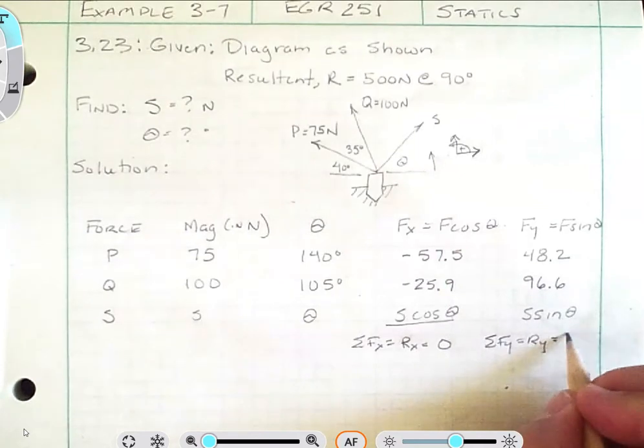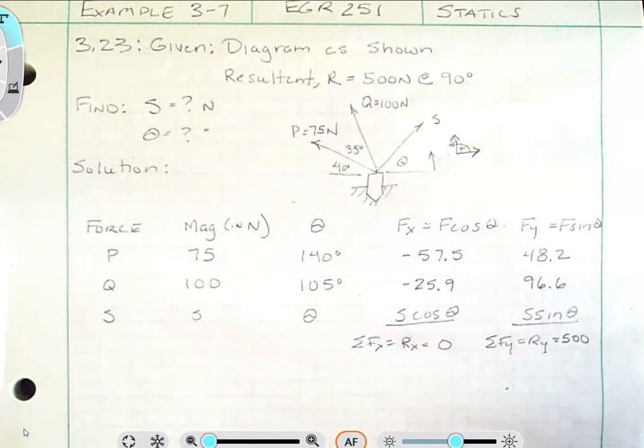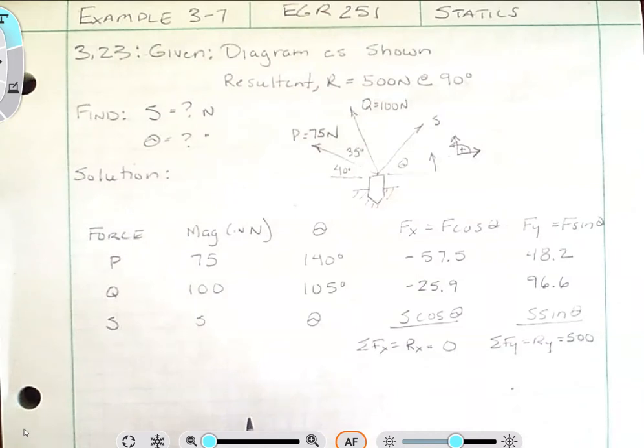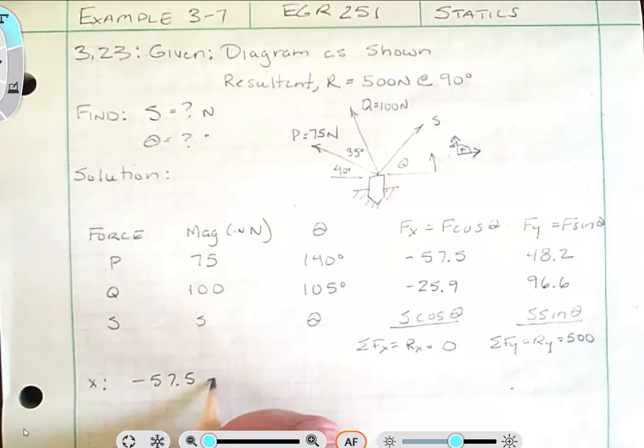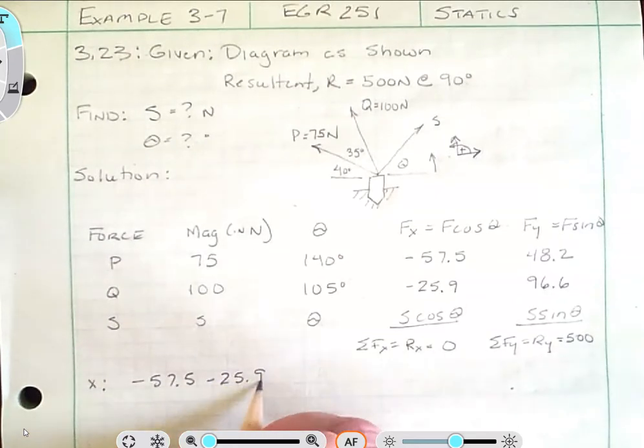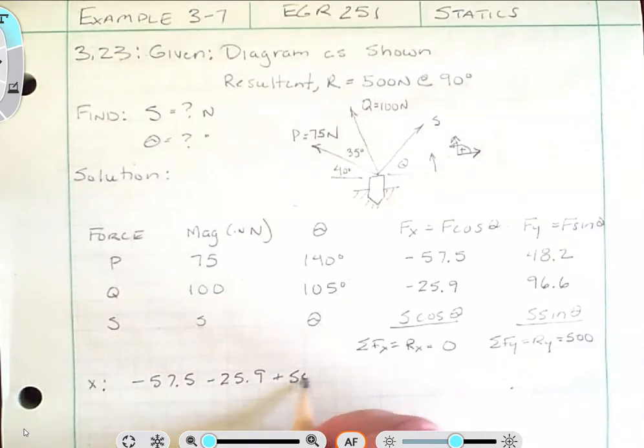I'm going to write these out in equation form. I can do this pretty quickly. For X, we have minus 57.5 minus 25.9 plus S cosine theta equals 0.